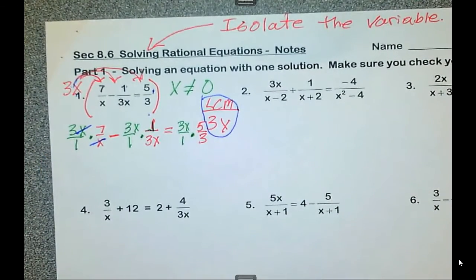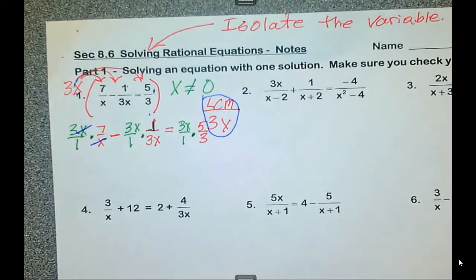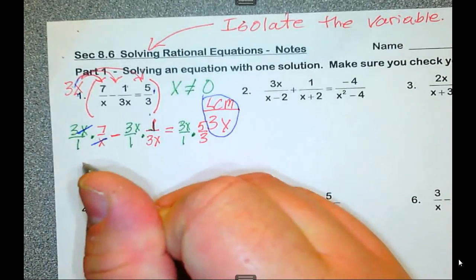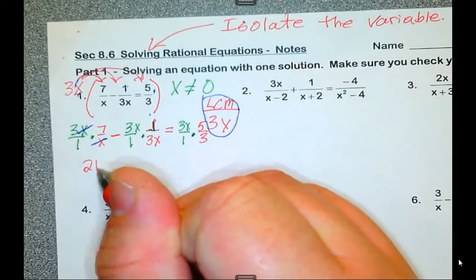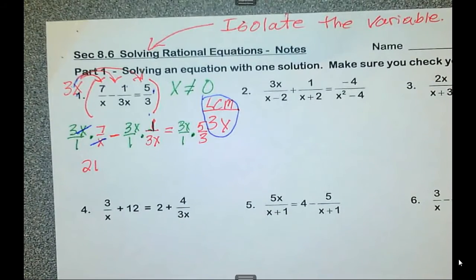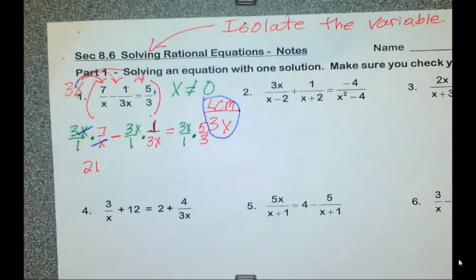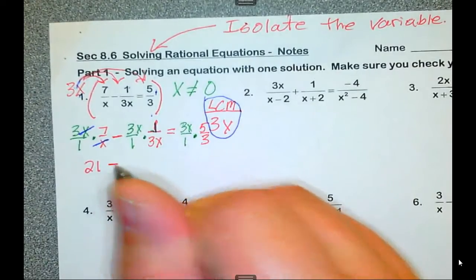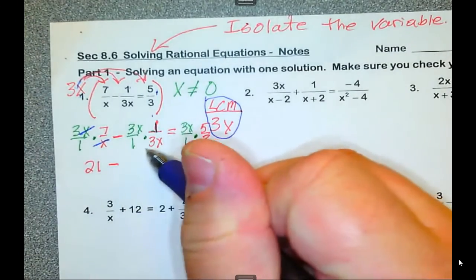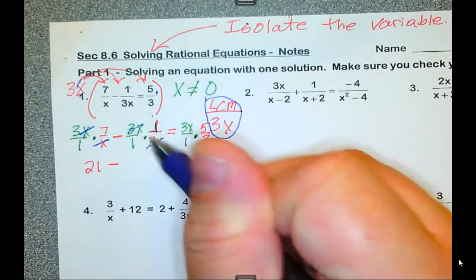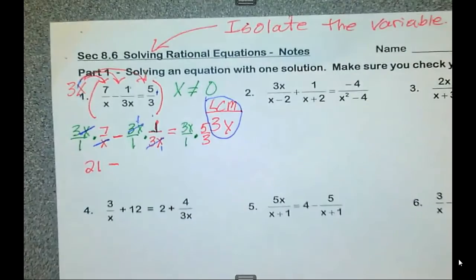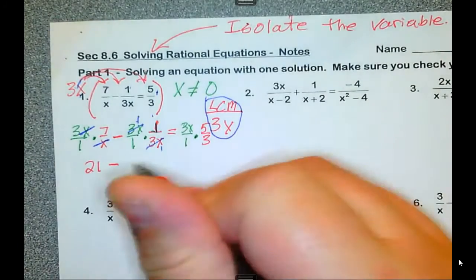Because one's in the numerator, one's in the denominator. So my first term, I have 21 over 1, or just 21, 7 times 3. Minus, now the second one, I can cancel out the whole 3x, and I just have 1 times 1, which is 1.